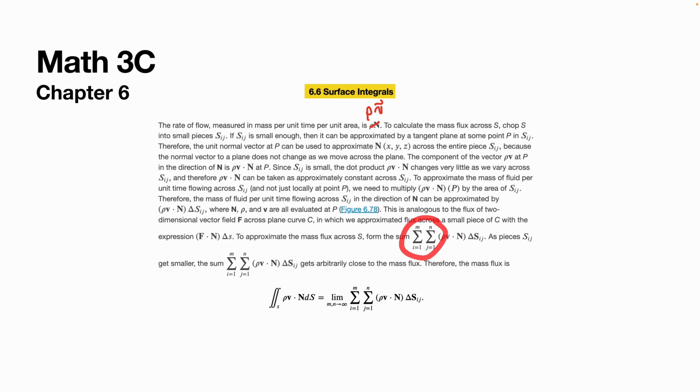Then adding up all of those products will give you a representation of the mass flux. And then by taking a limit of that quantity, you recover the true mass flux. All of that should be familiar: approximating small pieces, looking at a representative value, adding them up, and finally taking a limit.